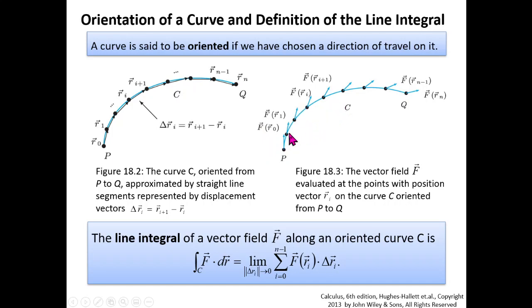We see what the vector field would look like, and then we see along this path, and by taking the difference of the vectors at various points along this path, so we take vector r sub 0 minus r sub 1, and what we get is a vector that is really following the path.